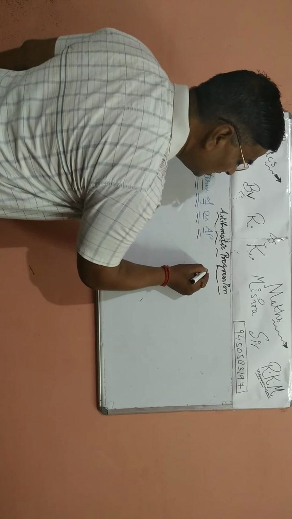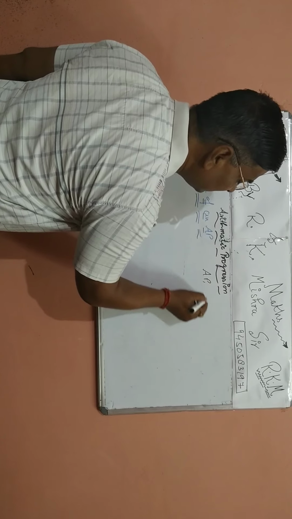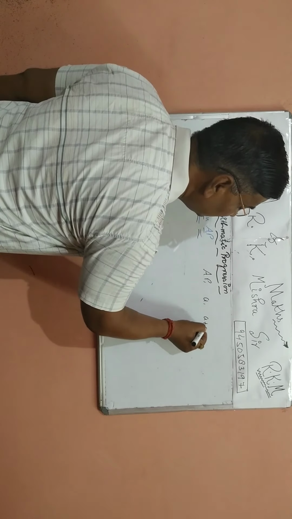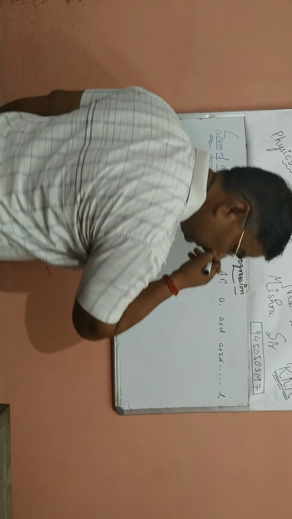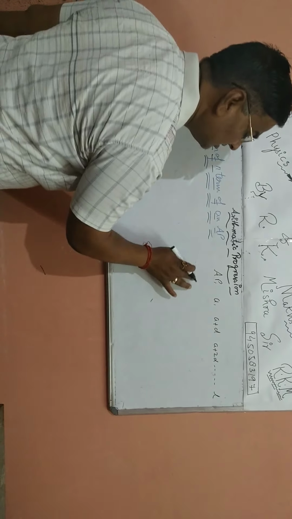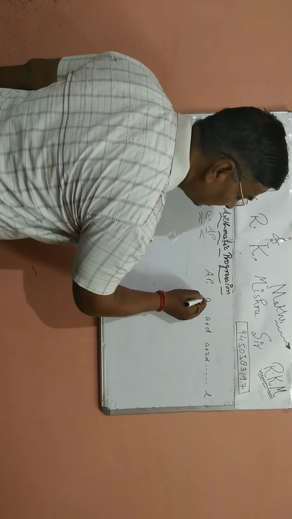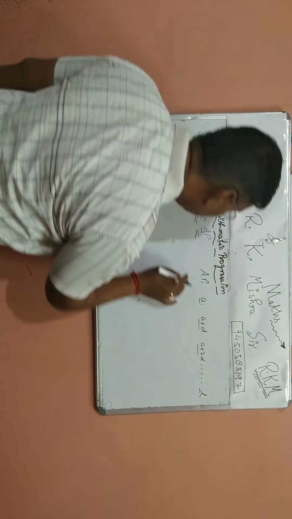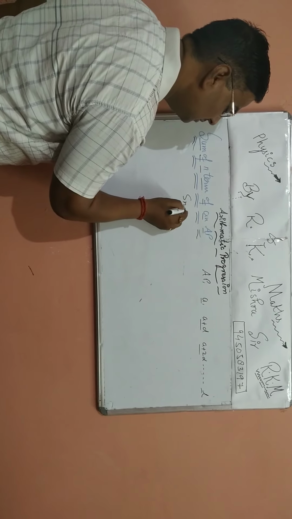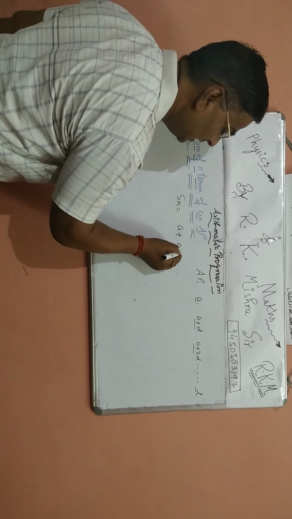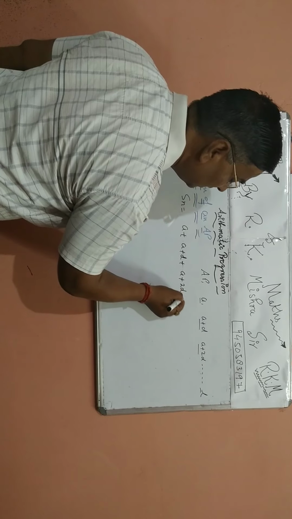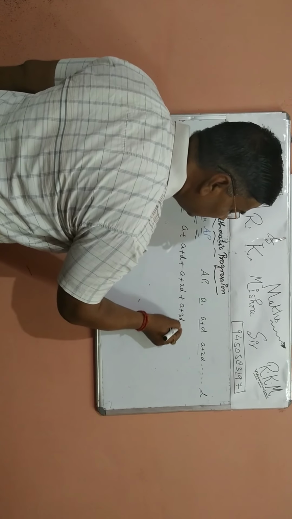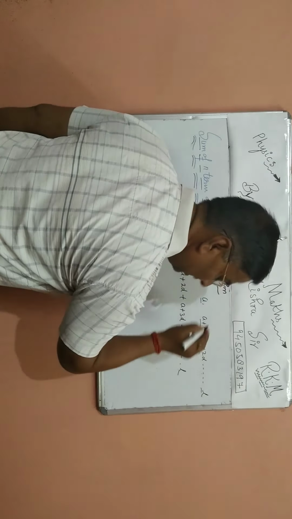You know AP is a, a plus d, a plus 2d, and the last term. So if you want the sum of all terms of the AP, then Sn will be a plus (a plus d) plus (a plus 2d) plus (a plus 3d) plus l.